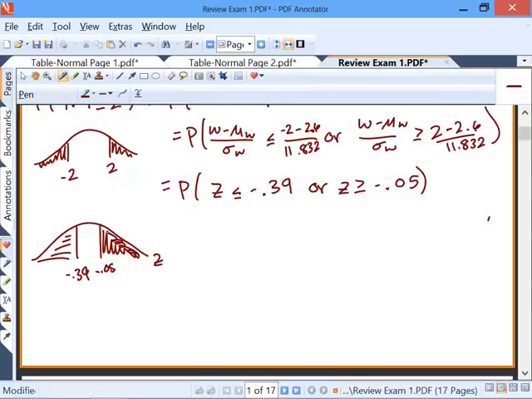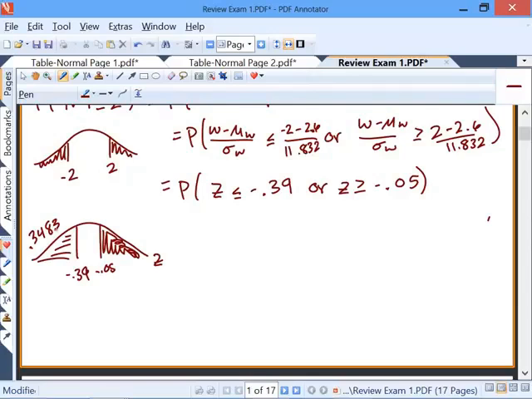So if I look up negative 0.39 on my Z table, it gives me 0.3483. If I look up negative 0.05 on my Z table, it gives me 0.4801.